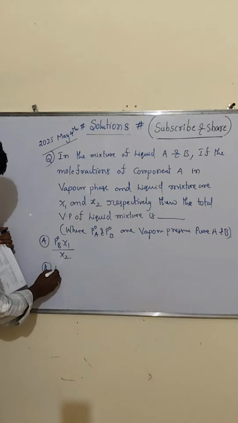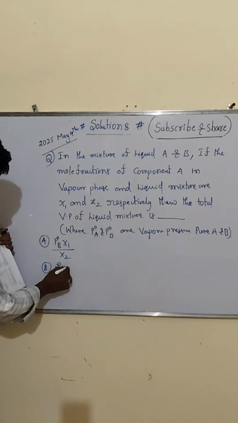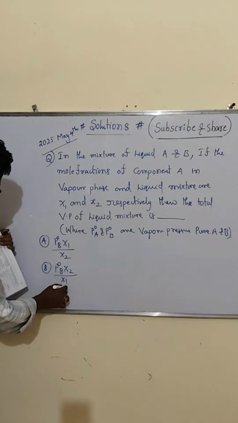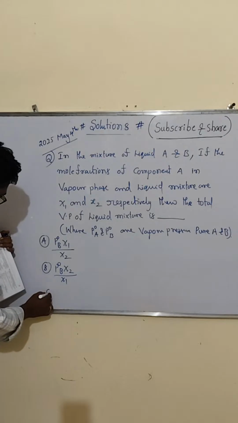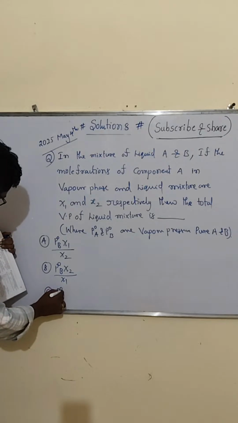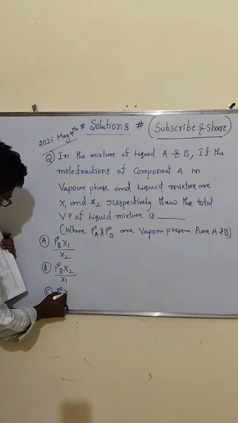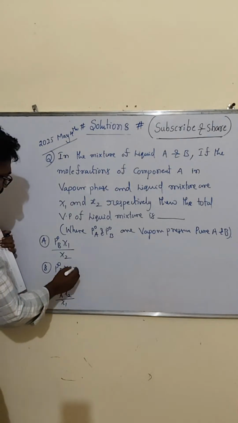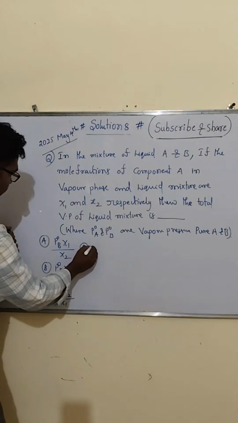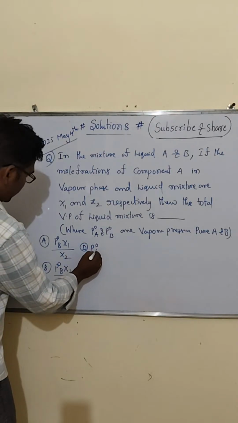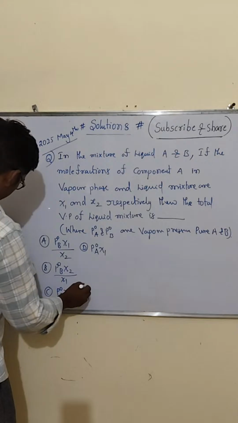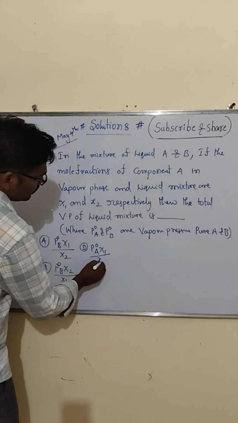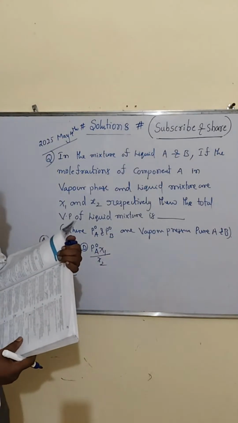Option B, P naught B into X2 divided by X1. Option C, P naught A into X2 divided by X1. Option D, P naught A into X1 divided by X2. These are the options.